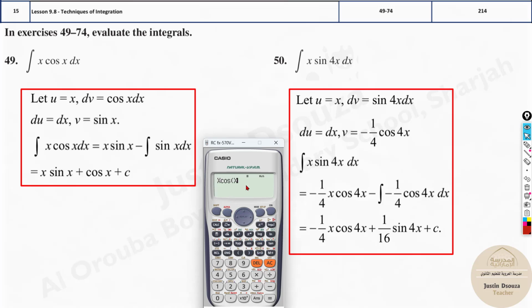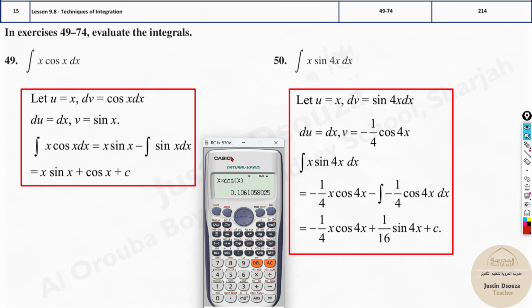Cosine x, that's it. Close the bracket, and you can put a multiplication sign here, or you can ignore it, that's fine. Now remember, since it's trigonometry, press shift, mode and 4 and make it radian. Now you need to press calc, not equal to, at 1.5. Let's solve this particular equation.